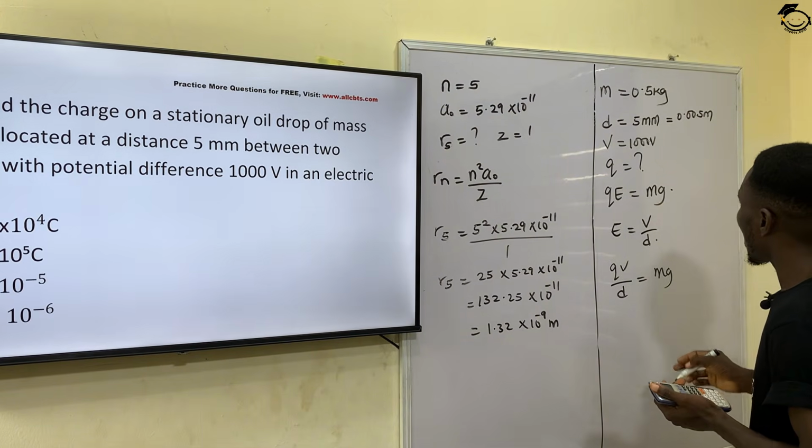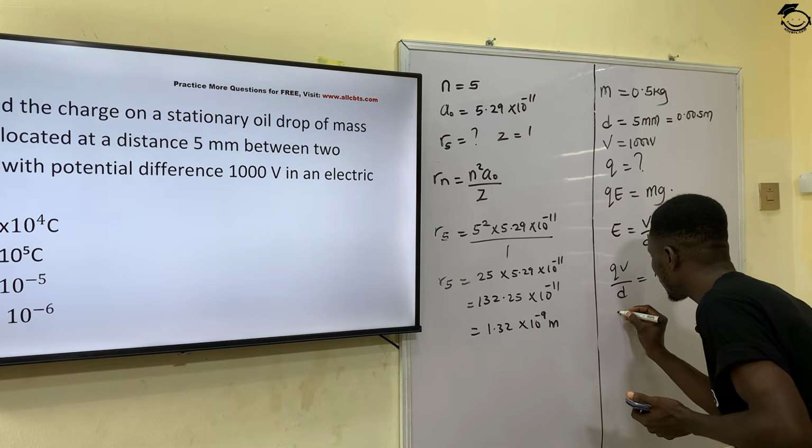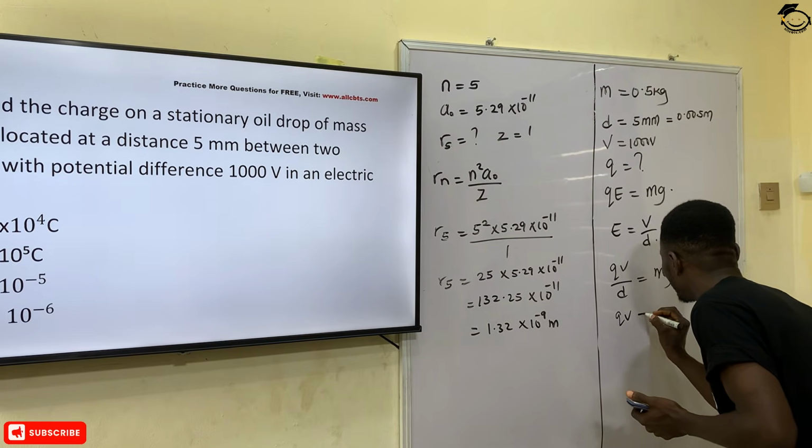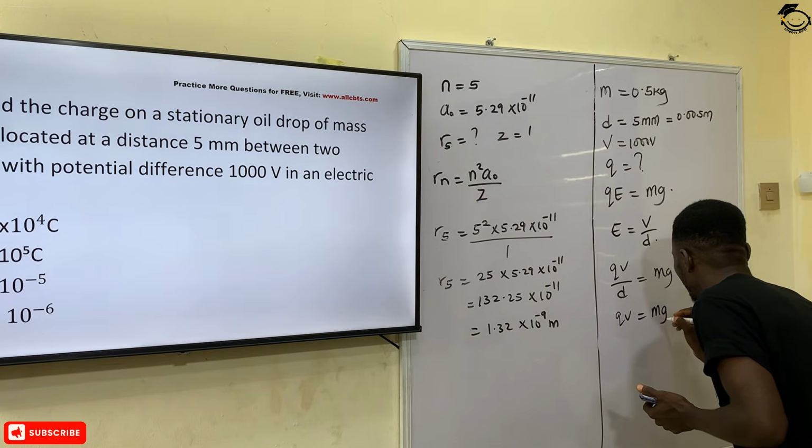So using this formula, QV will be equal to mdg.